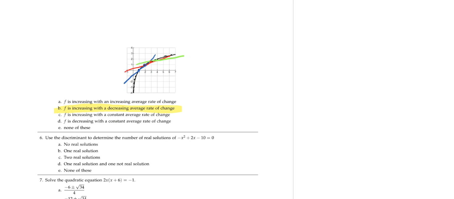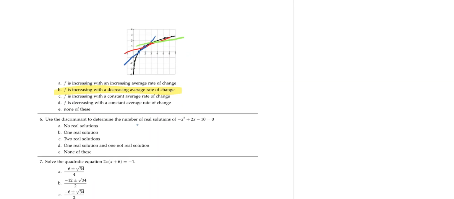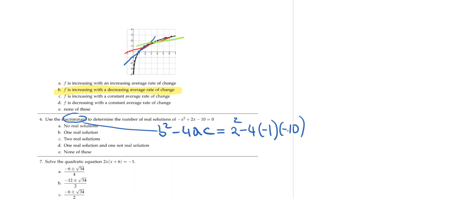Next question, use the discriminant to determine the number of real solutions. So you have to remember that the discriminant is b squared minus 4ac. If you don't know this stuff, then it's going to be hard to guess or do anything like that. So b is 2, so it'll be 2 squared minus 4 times a is -1 and c is -10. So now this will give you 4 minus 40.